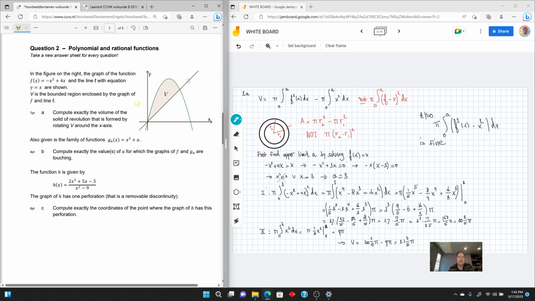In this case, you need to calculate the volume if you rotate f and subtract the volume if you rotate the line y is x. So this is actually the expression that you have to evaluate. And it's a little bit similar if you look at where this is coming from.